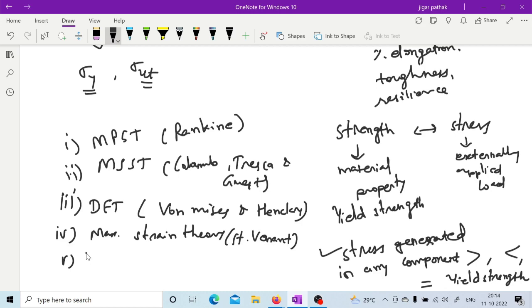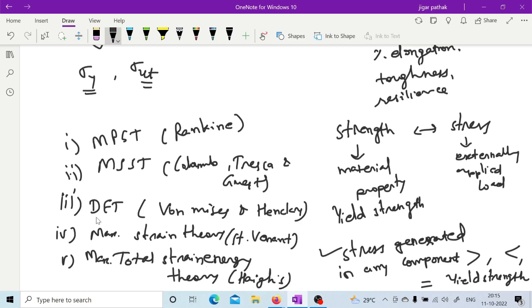Then the maximum total strain energy theory. So these are various theories.